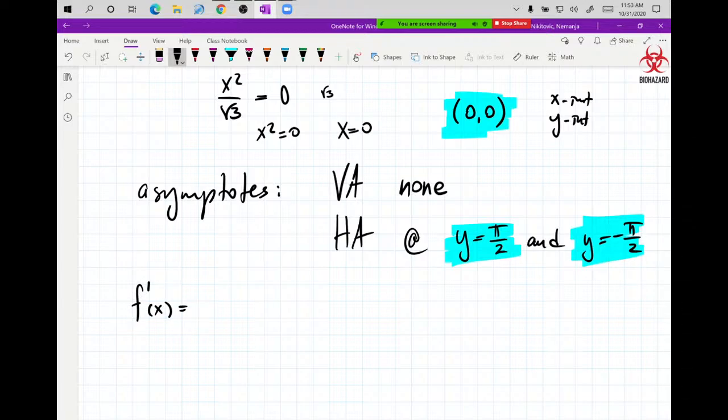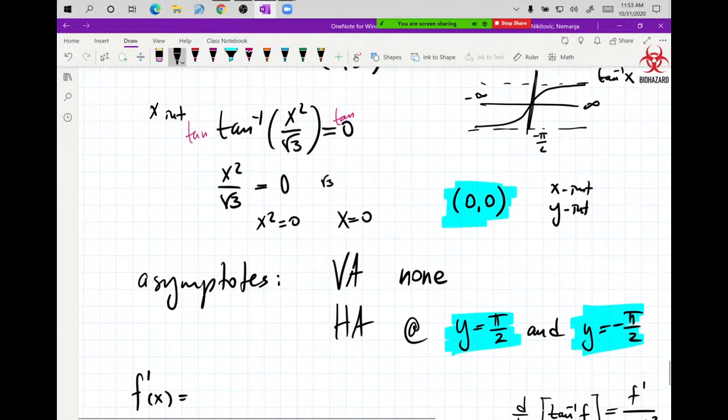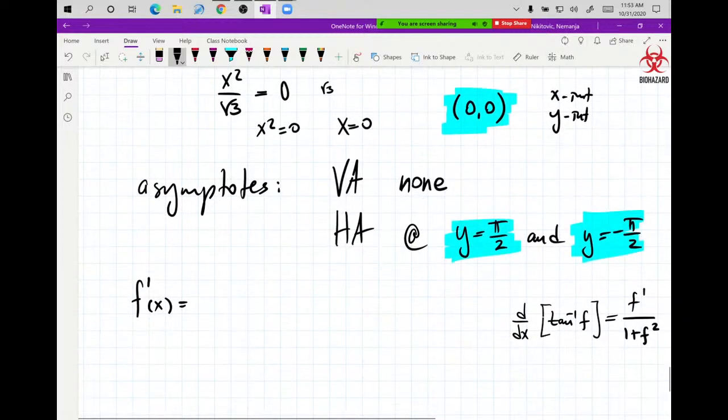Now, inverse tangent derivative, I'm going to write it here on the side. The derivative of inverse tangent of a function is the derivative of the function divided by 1 plus the function squared. So the function inside the inverse tangent is x squared over root 3.